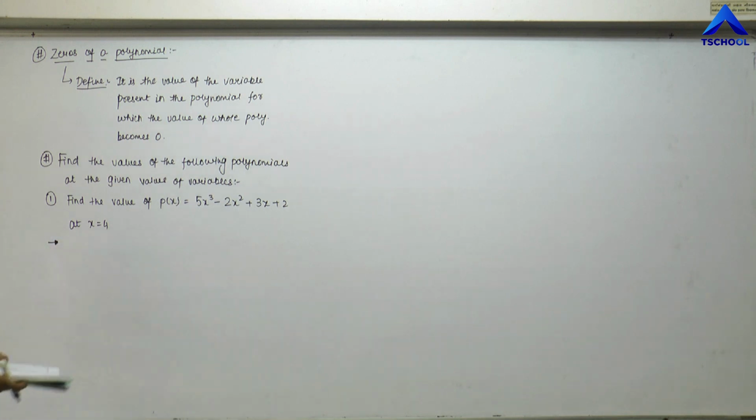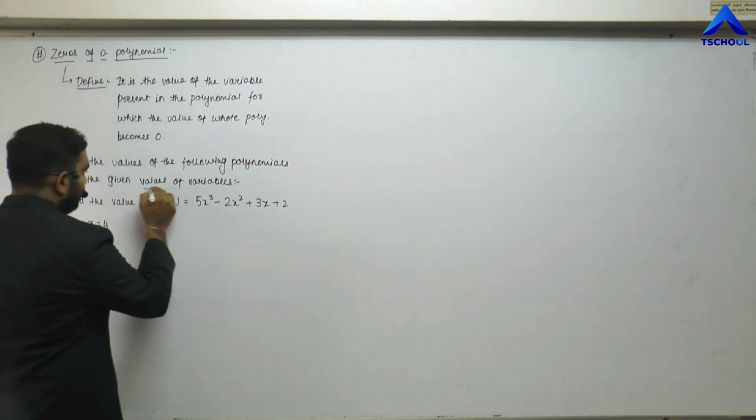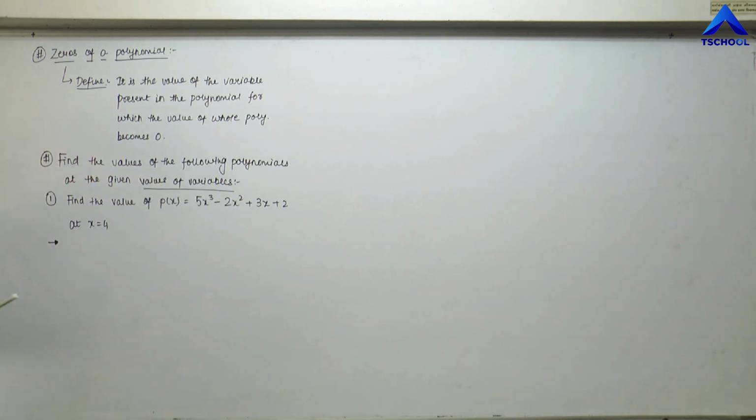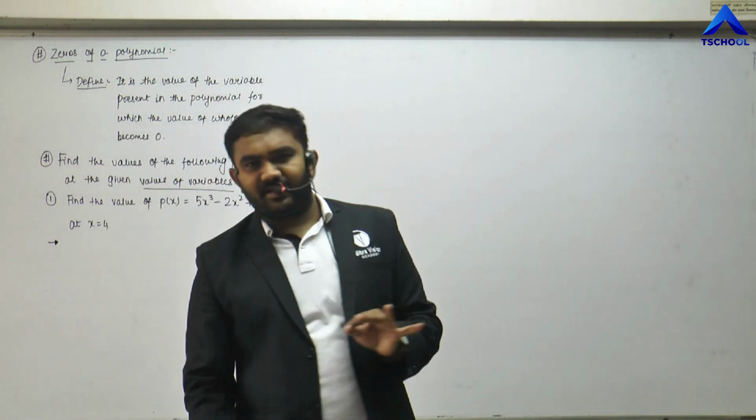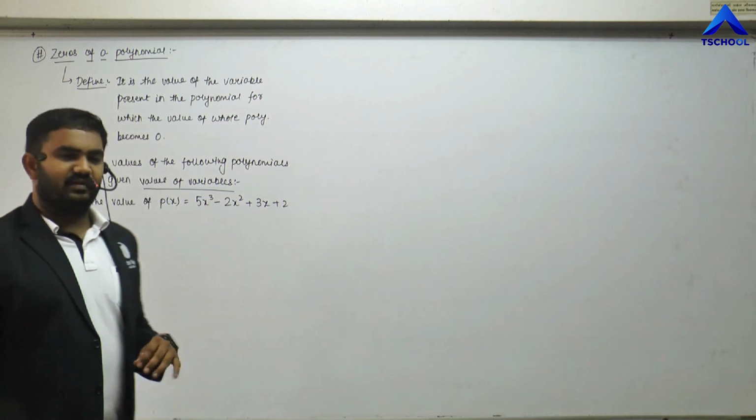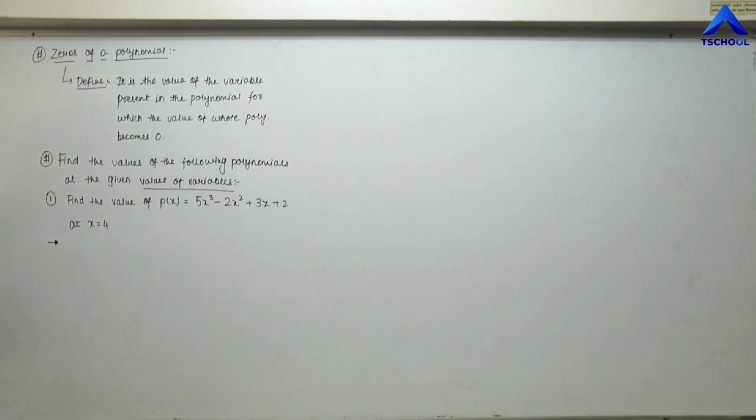I need to find the value of this given polynomial at x equals 4, right? So how to find the values, as we discussed in the previous topic: we put the value of x in this and verify whether we are getting 0 or not. But in this question we are not asked to find the zeros, friends. Whatever value we get here is to be found and written.